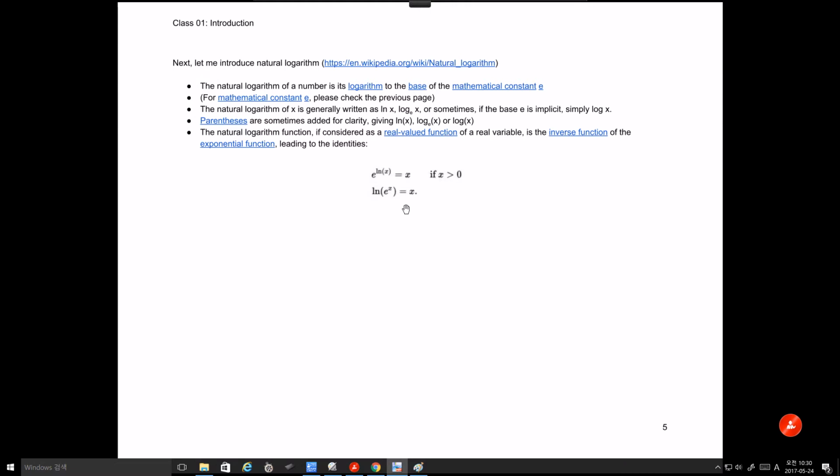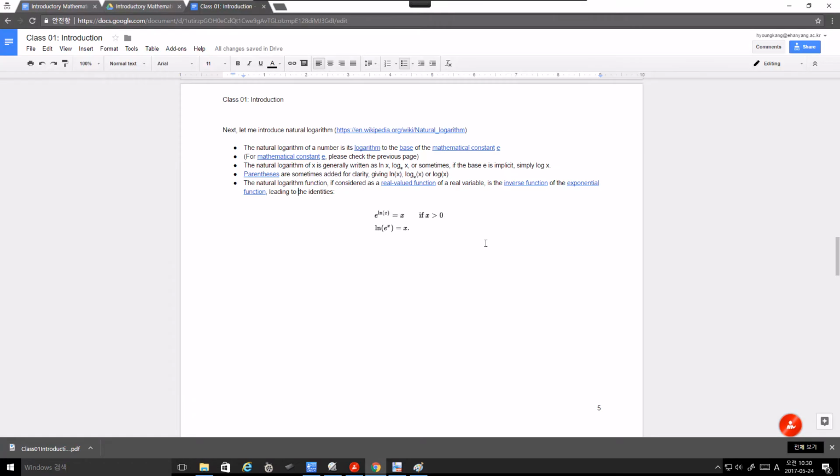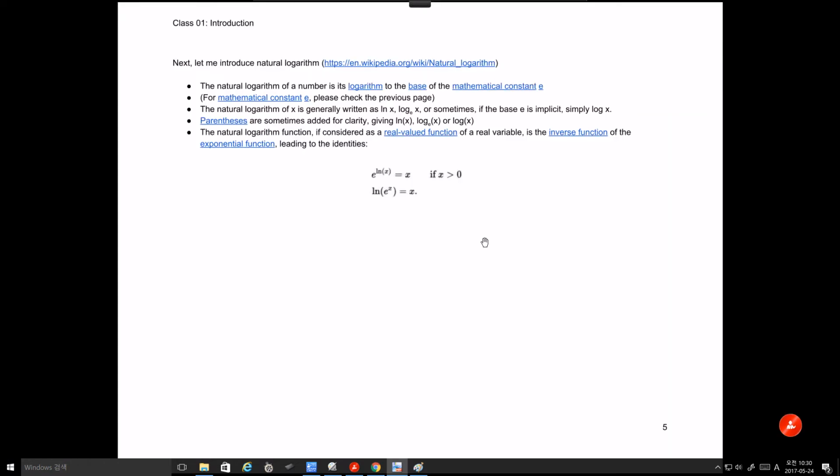The natural logarithm ln of e to the x is simply x ln e, but here e is implicit, so it cancels out, so it is x. So they are inverse functions of each other. The natural logarithm is the inverse function of the exponential function, but only when x is greater than 0, because it is a log function.